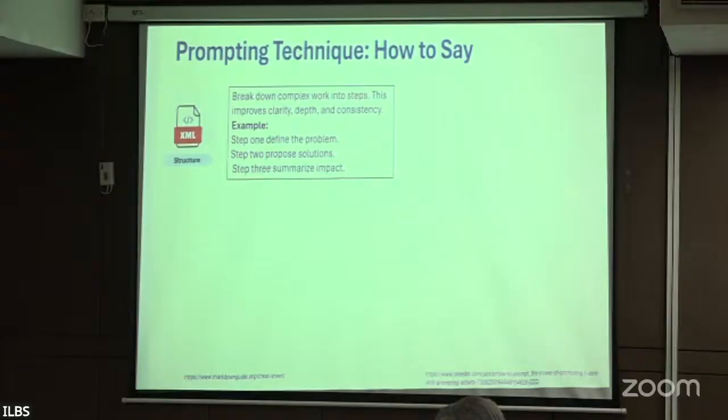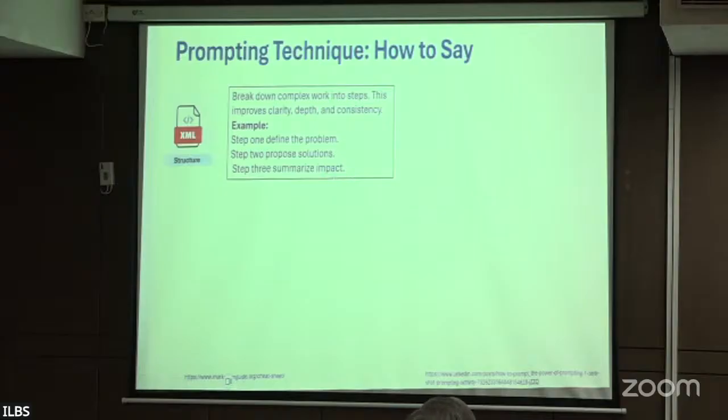So prompt techniques: how to say? Say by breaking the complex work into steps, and this improves the clarity, depth, and consistency for the model to understand. So step 1, define the problem. Step 2, propose a solution. Step 3, summarize the impact.